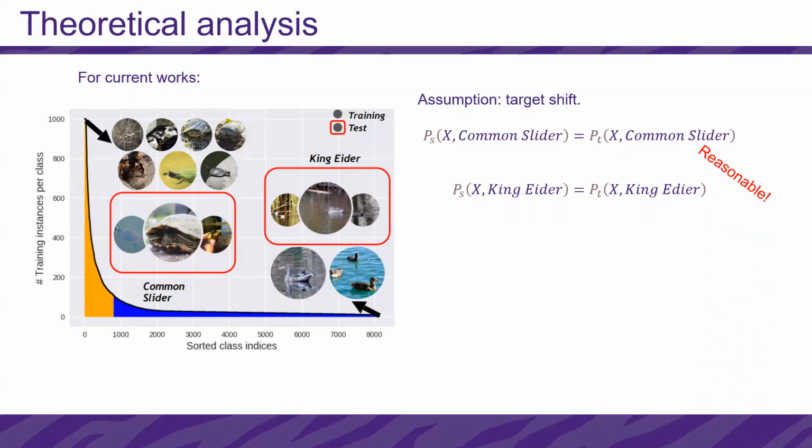Yeah, but it is wrong for the second, since the kingfisher is a tail class. The lack of examples cannot completely represent the features of the tail classes. But you can think the first equation maybe is right, because the common class is a head class. There are abundant images, abundant examples in these head classes, so they can represent these classes completely.